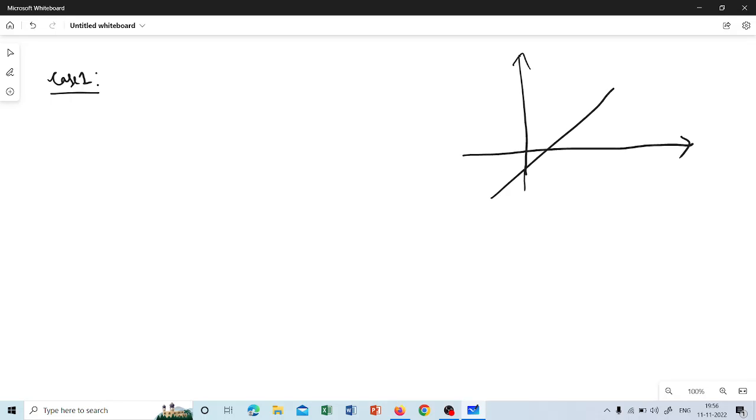For example, let me draw a straight line and let this be another straight line. They are parallel to each other, and their angles are theta 1 and theta 2. This is very clear, right? Since these two lines are parallel, and the x-axis is intersecting them, these become corresponding angles, a pair of angles which are equal.